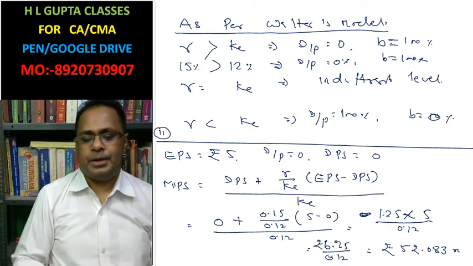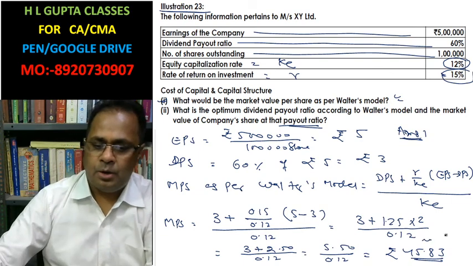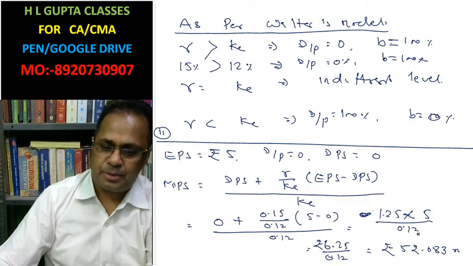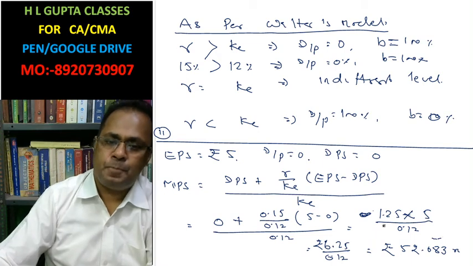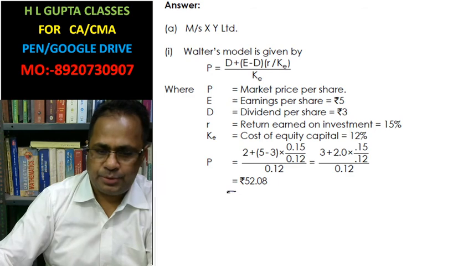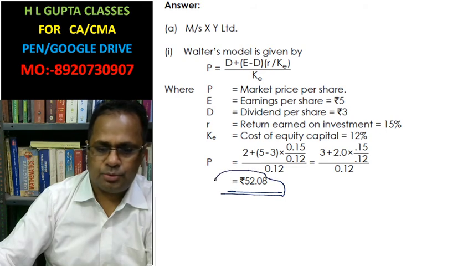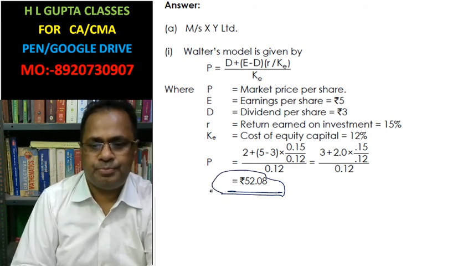Okay. So when the current dividend payout ratio is used the price is 45.83, and when the optimal dividend payout ratio is used, the market price changes. The solution in your book gives 52.08 for XY Limited.